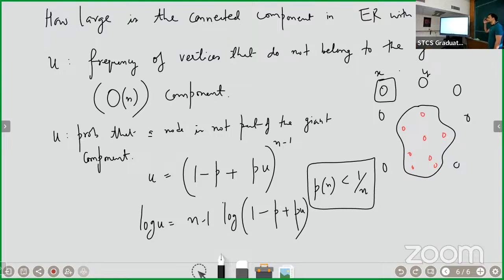I don't even remember the series of log of 1 minus x. No one knows this. Something much clearer. All you can use is the log inequality. What happens to log of 1 plus x or 1 minus x when x is small? That you can use.